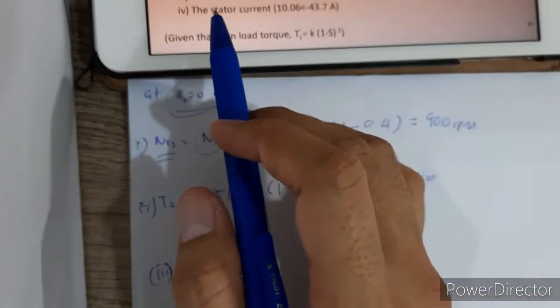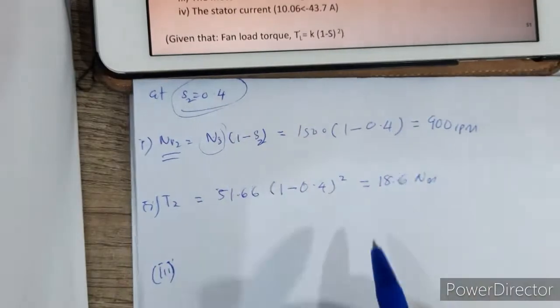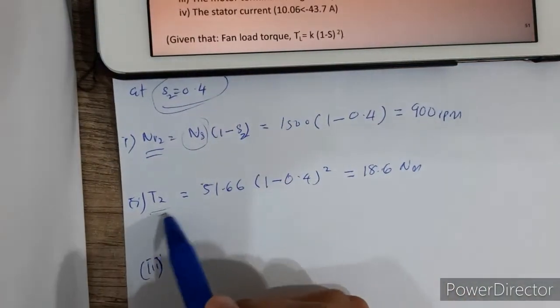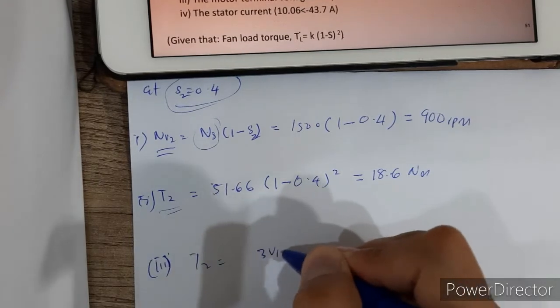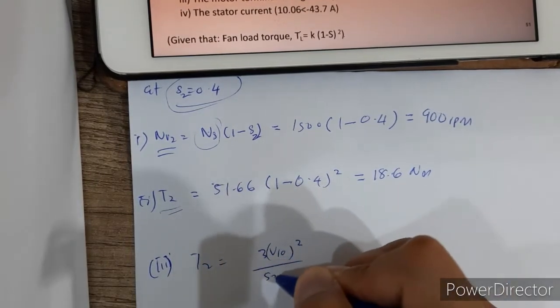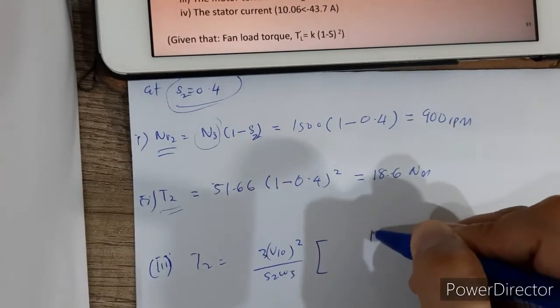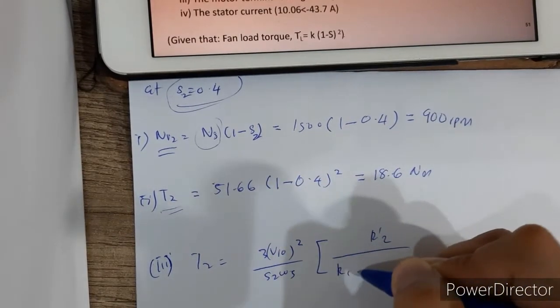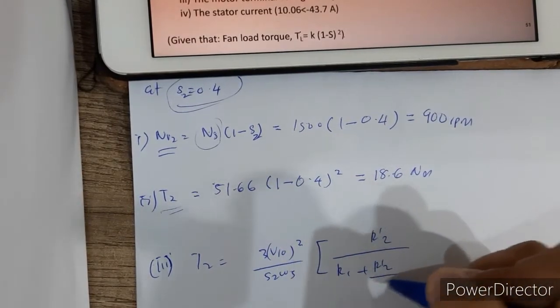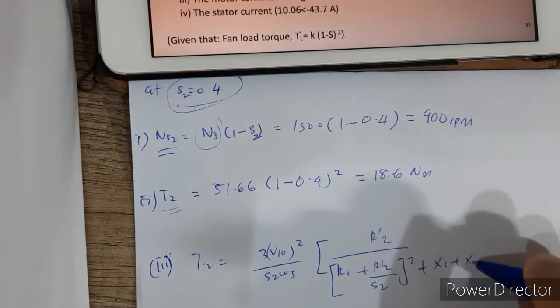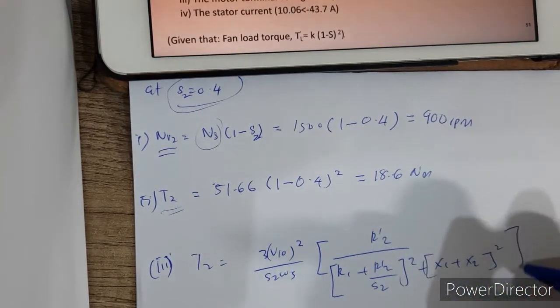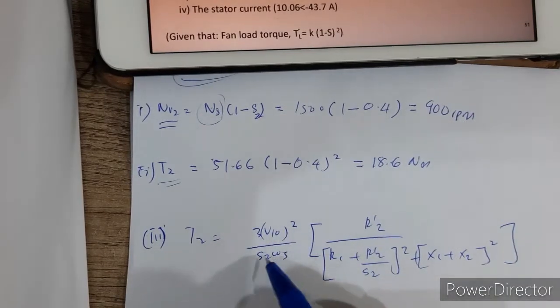Number 3, we want to determine the motor terminal voltage, of course by using the equation of torque. T2 equals 3 V phase squared over S2 omega S, times R prime 2 over S2, over R1 plus R prime 2 over S2 squared plus X1 plus X2. The difference here is S2.